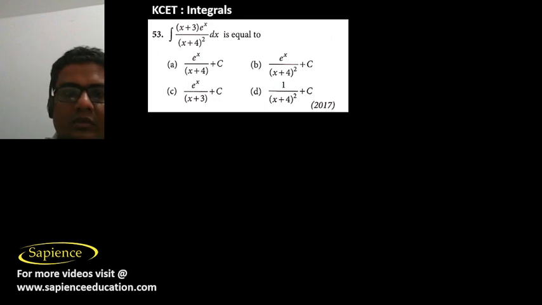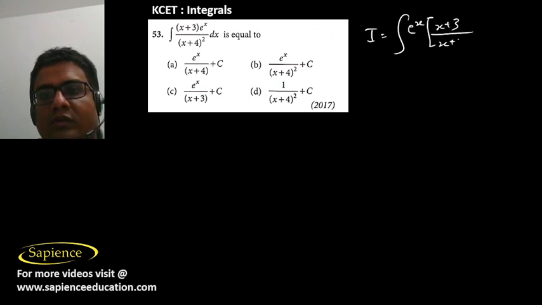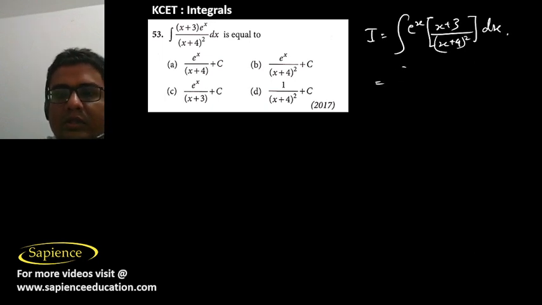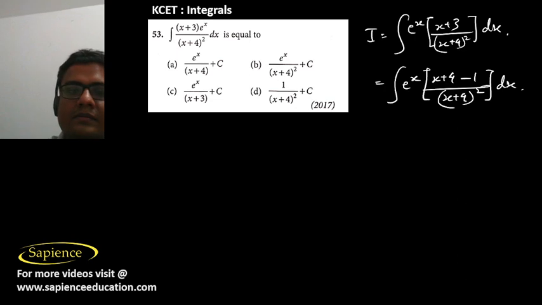Then in question number 53, it is told to find the integral I equal to e power x into x plus 3 by x plus 4 square dx. Now this can be written as integral e power x into x plus 4 minus 1 by x plus 4 square dx.